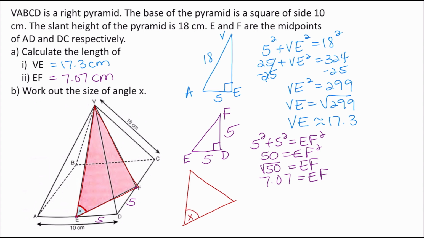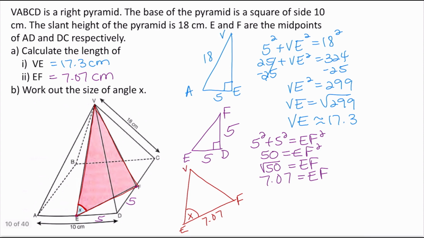Well, EF, we just found, is 7.07. We know that EV is 17.3 because we found that in part 1 of part A. And VF has to be exactly the same because it is formed by basically the same triangle, just flipped. So I know this is 17.3.